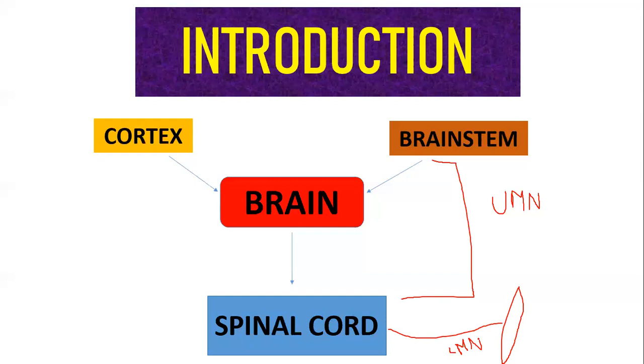The next concept that I am covering here is what is an upper motor neuron and what is a lower motor neuron. The set of neurons present right from the brain to the spinal cord is the upper motor neuron. And the set of neurons from the spinal cord to the effector, be it a muscle or a receptor, is the lower motor neuron. Since here it is a motor pathway, the effector can be a muscle. So you have an upper motor neuron and a lower motor neuron. I hope you have understood the difference.